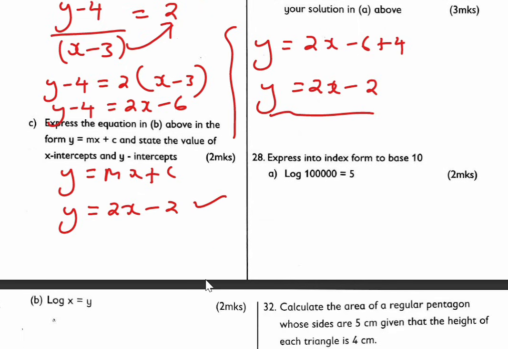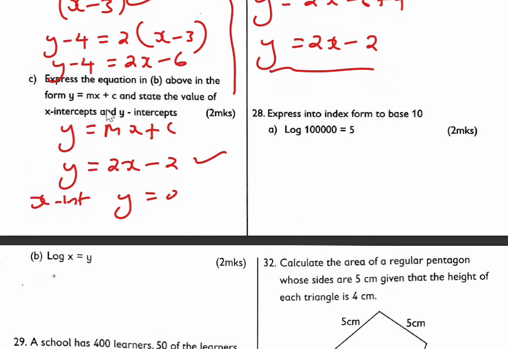And then the next part, we get the x-intercept and y-intercept. Remember we said x-intercept is when y is equal to 0. We need to start with the x-intercept. So where we have y, we put 0. In this equation we put 0 here. It will be 0 is equal to 2x minus 2. So we take negative 2 to the left, it becomes a positive.